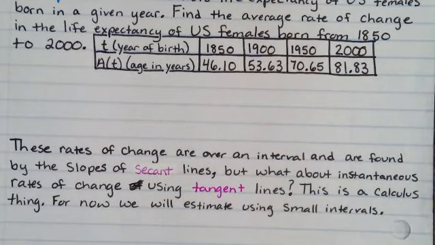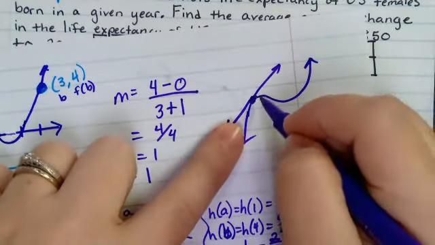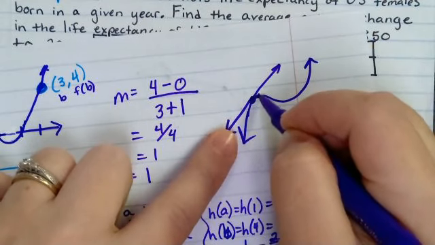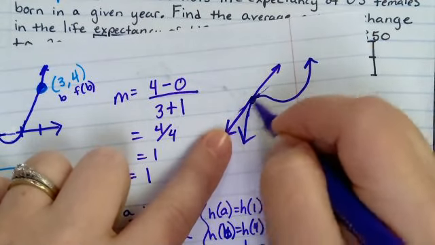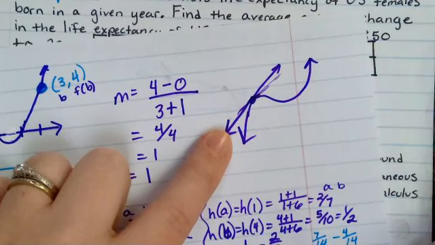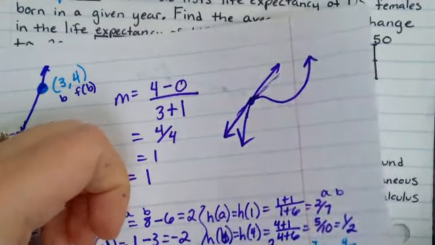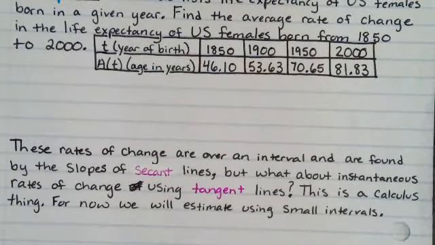Now, we can kind of estimate it by looking at teeny, tiny intervals, because what if I looked at an interval through here? That might be kind of close. It's not going to be exactly right, but it would be kind of close. And the smaller we can make that interval, the better we can get an estimation. So we have one more example that we're going to look at here on average rate of change.